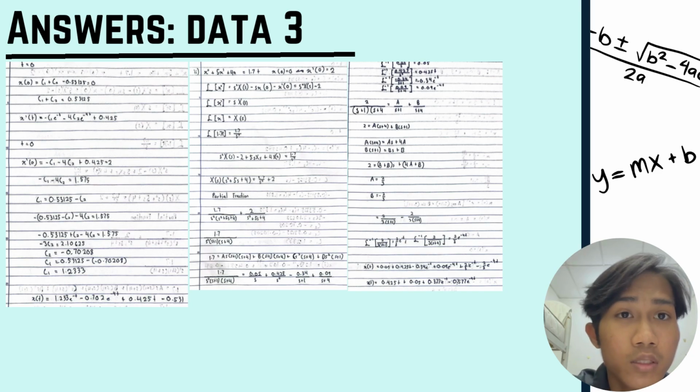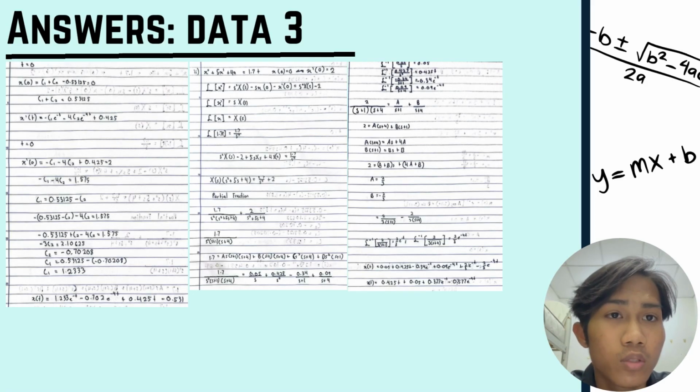At t equal to 0, we conclude into formula x0, and we got c1 plus c2 is equal to 0.53125.